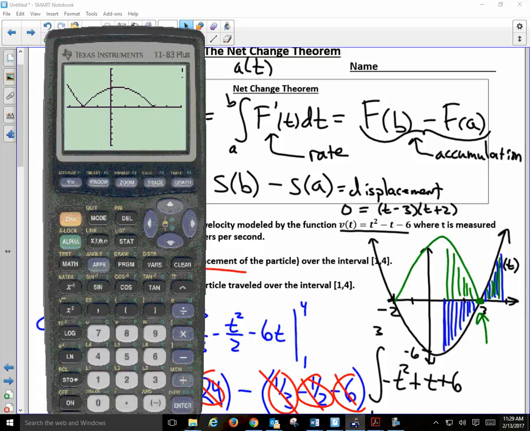And sure enough, that's exactly what the graph does, which is pretty cool. And if I calculate number 7, again, I go from 1 to 4, and it starts pulling there. And your calculator does do an approximation.